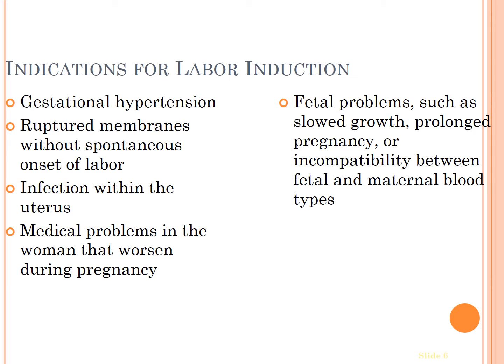Infection in the uterus, medical problems in mom that may be worsening, fetal problems such as slow growth, past due, prolonged pregnancy, or incompatibility between fetal and maternal blood types.